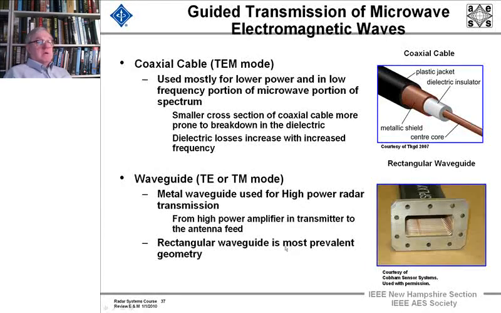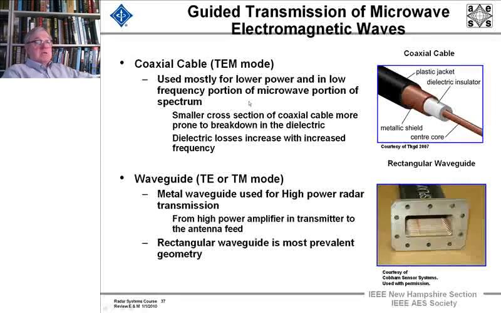microwave energy. At low power, in the low portion of the microwave frequency spectrum, you can use coaxial cable. Its small cross-section is more prone to breakdown, so you have to be careful how you use it. And dielectric losses increase with frequency, which is why it's only used under those conditions.